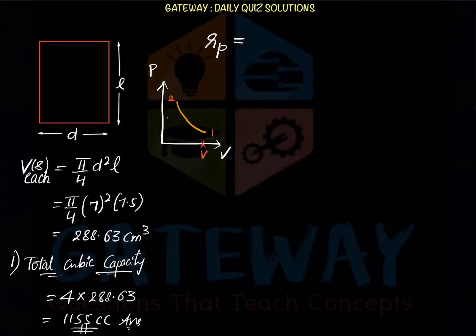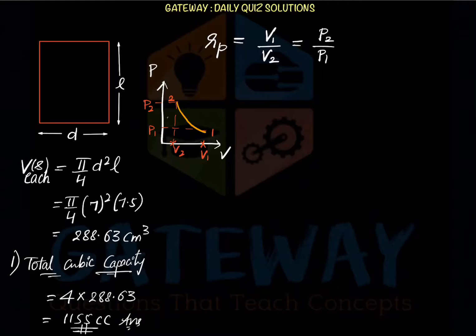This point is V1, this is V2, this is P1, and this is P2. Generally, compression ratio is defined as initial volume upon final volume, or it can also be defined by P2 upon P1.